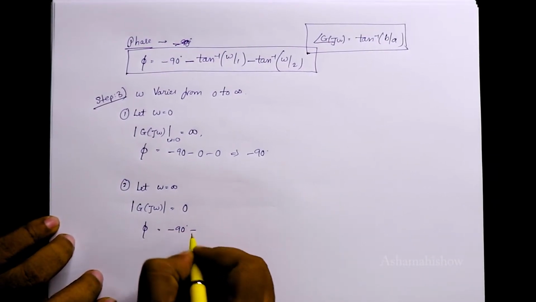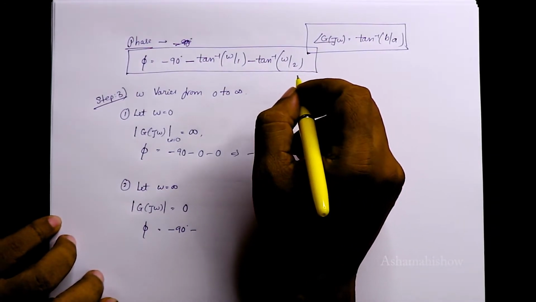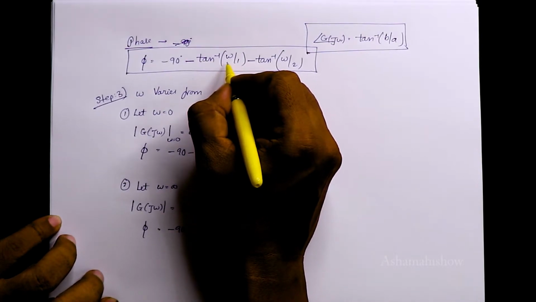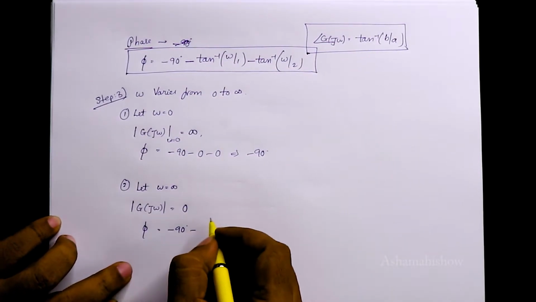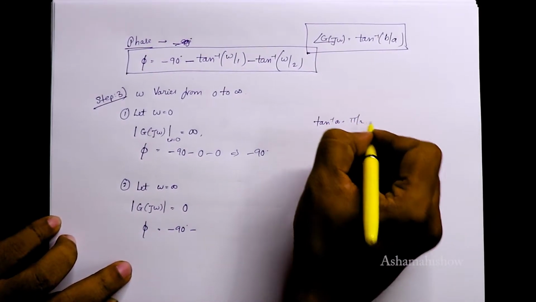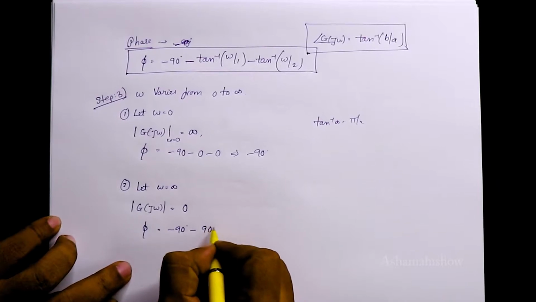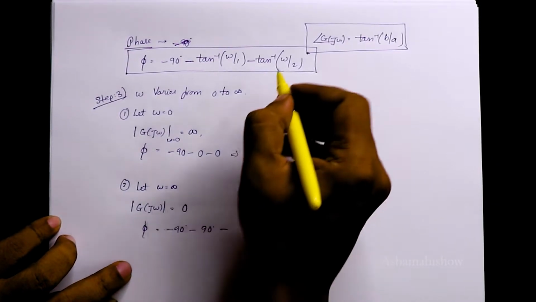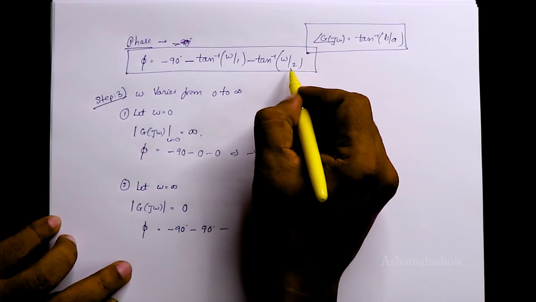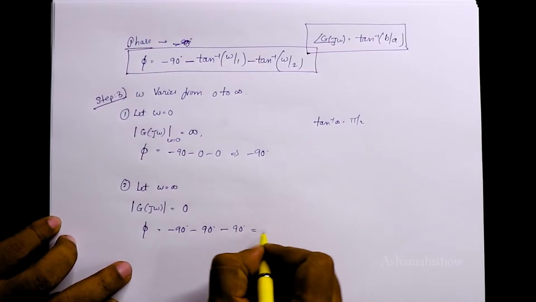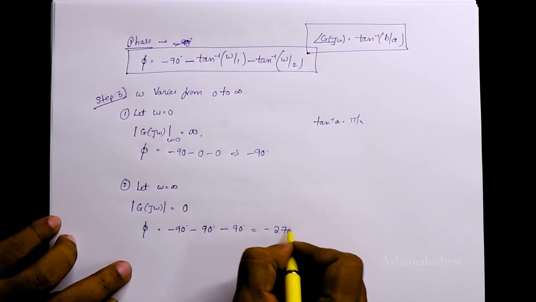Minus 90 will be as it is. Infinity by 1 is infinity, and we know tan inverse infinity is pi by 2, so this is definitely minus 90. And minus tan inverse of infinity by 2 is infinity, so tan inverse infinity is again pi by 2, which is 90. So minus 90 minus 90 minus 90 becomes minus 270.